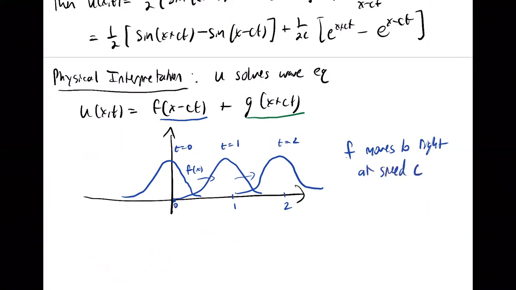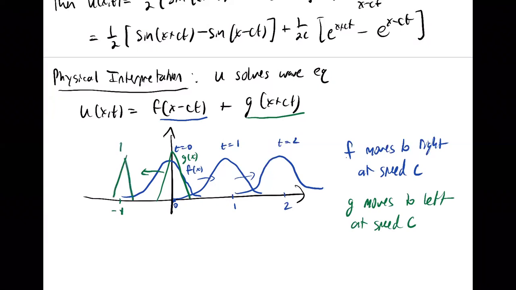If I look at the other term, it will also look something like this, but instead of moving to the right, it moves to the left. Maybe the function g is a peak like this, my g of x. When t is equal to 1, the peak moves to where x is equal to -1.